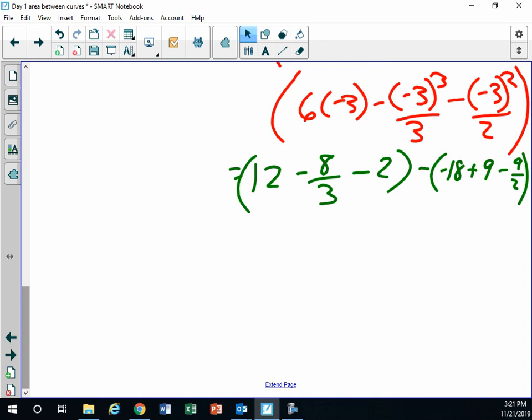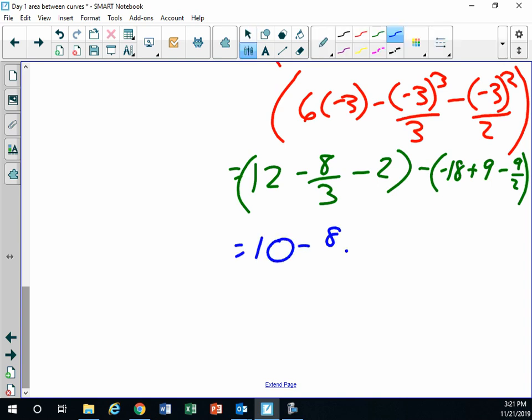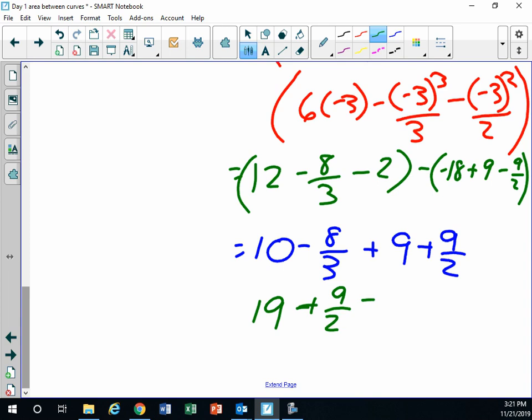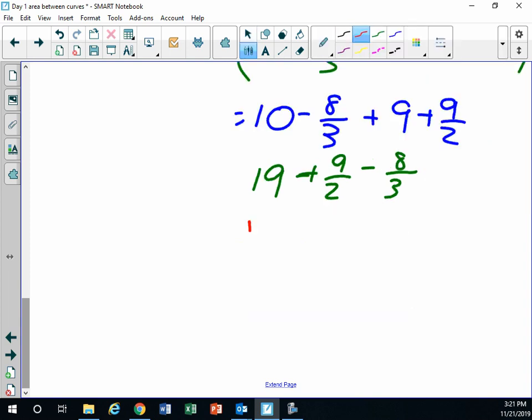So now I have 12 minus 8 thirds, plus 18, because this is negative 9, which makes us negative 18, and then minus 9 halves, plus 9 halves, because the negative is positive, so I have 19 plus 9 halves minus 8 thirds. Everything needs to be in 6s.